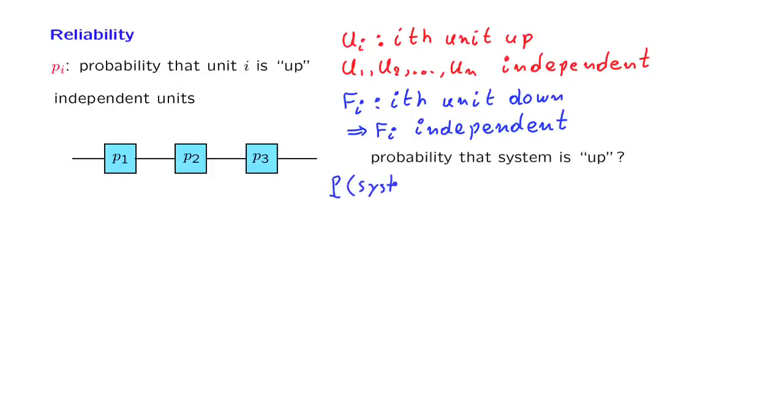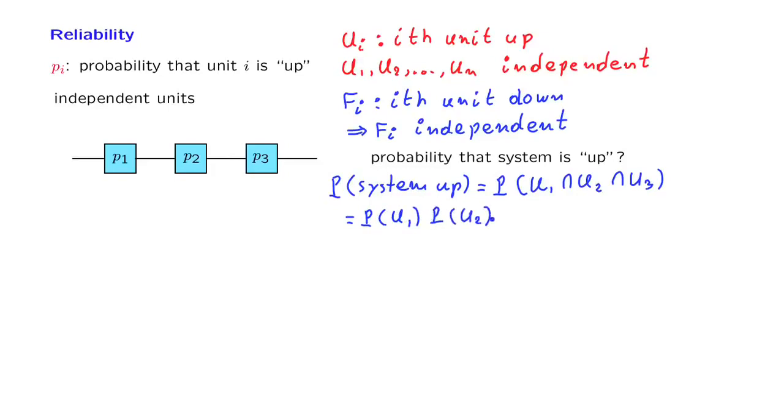The probability that the system is up, this is the event that the first unit is up, and the second unit is up, and the third unit is up. And now we use independence to argue that this is equal to the probability that the first unit is up times the probability that the second unit is up times the probability that the third unit is up. And in the notation that we have introduced, this is just P1 times P2 times P3.